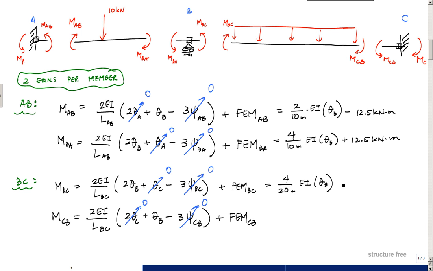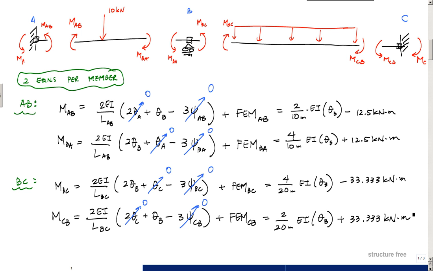And then plus the fixed end moment for BC, which is minus 33.333 kilonewton meters. And MCB is equal to 2 over 20 meters times EI times theta B plus 33.333 kilonewton meters.